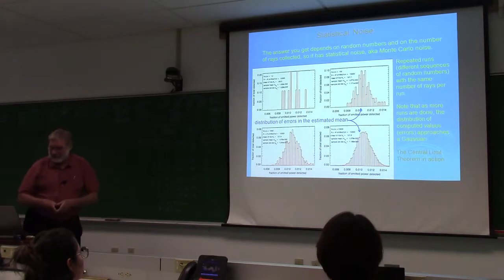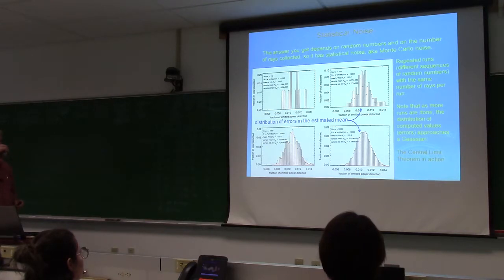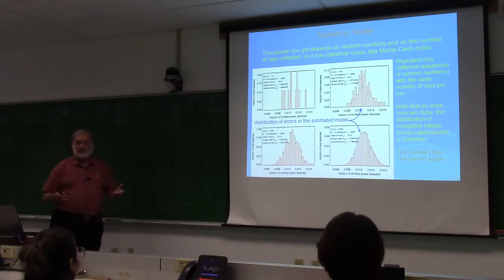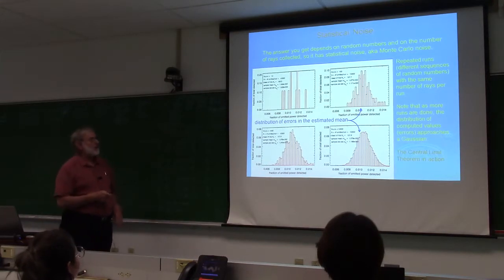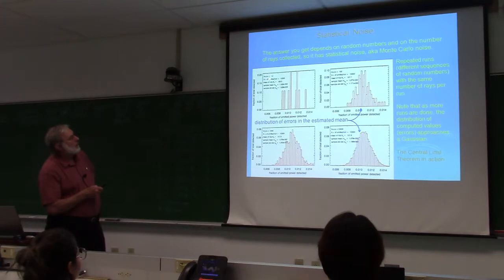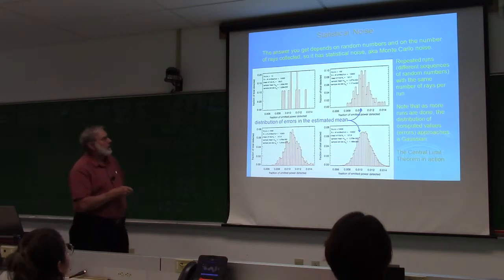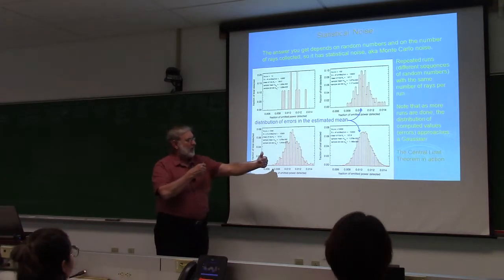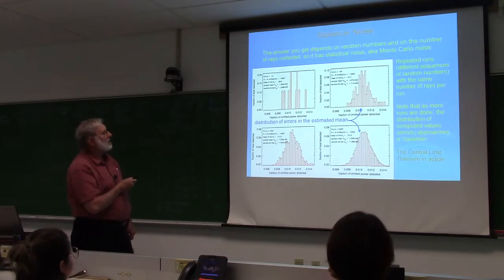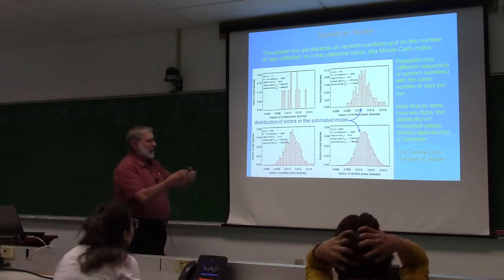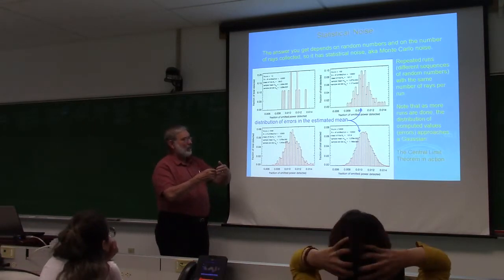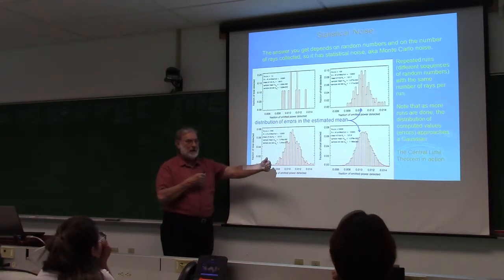Okay, then the business of Monte Carlo noise. Because we're doing random simulations here, there's going to be statistical noise, which usually gets called Monte Carlo noise. So here I did 10 independent runs, where I generated 10,000 rays in each run. And then I looked at a detector, I don't remember if it's the same one we had in the previous simulation, but I asked what fraction of the emitted power made it to my detector?